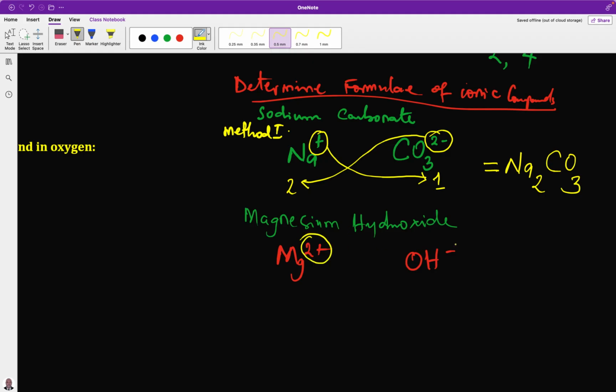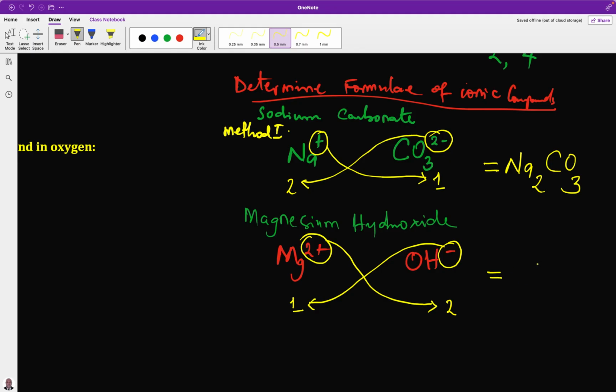This one and this one. They come here, and they come here. This will be 1, and this will be 2. Now, what becomes of the formula of our ionic compound?